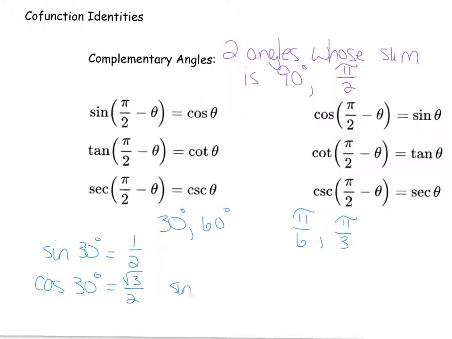Well, guess what the sine of 60 is? √3/2, and the cosine of 60 is 1/2. So this is what this is telling us here. The sine of one angle is the cosine of its complement. The cosine of one angle is the sine of its complement, and it works with all the other cofunctions, tangent and cotangent, secant and cosecant. So you see those cos there to help you know which ones go together.